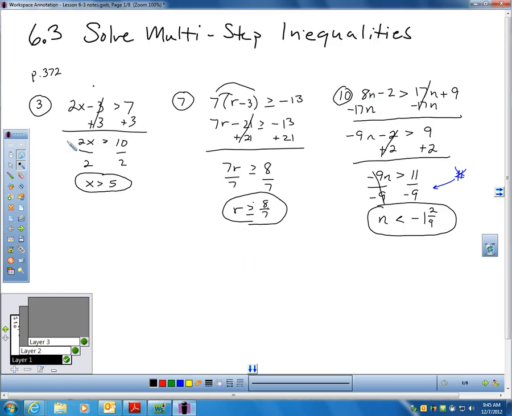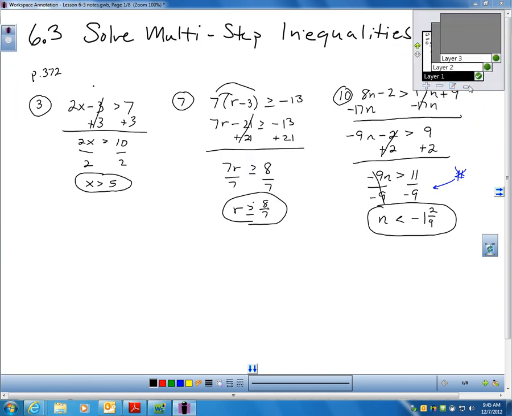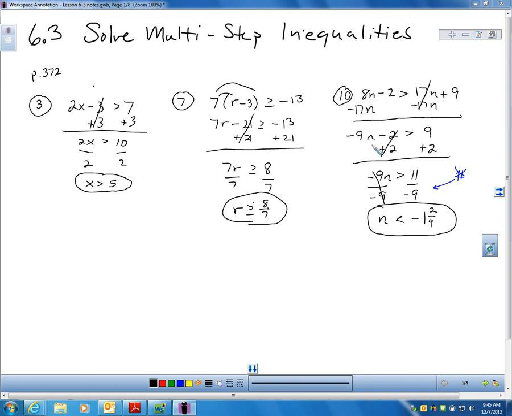Let's do another one. Now, go down to questions 17 through 28. It says, solve the inequality if possible. Let's review back in chapter 3. Remember, when you solve an equation, one of three things can happen.